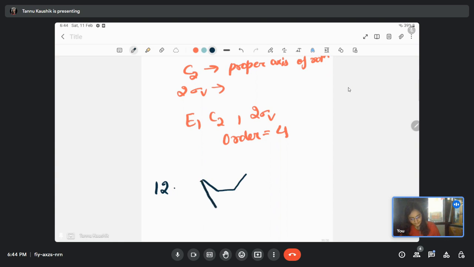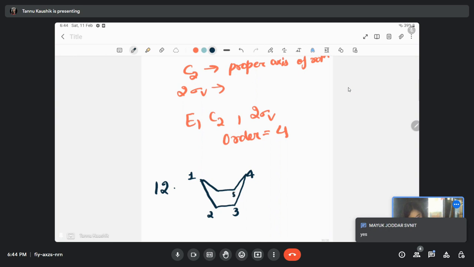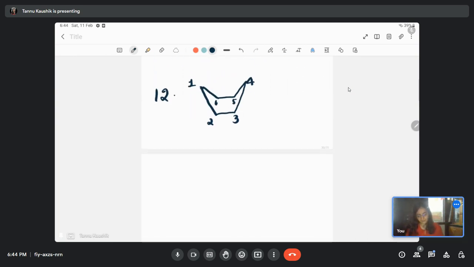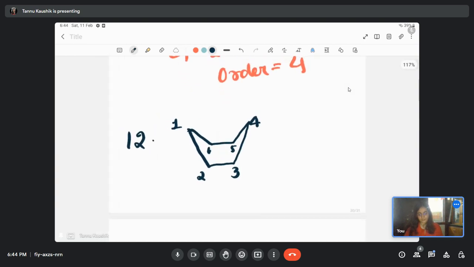So you wanted me to discuss both forms of cyclohexane, right? So I can see a C2 axis of rotation here, if I take the center.